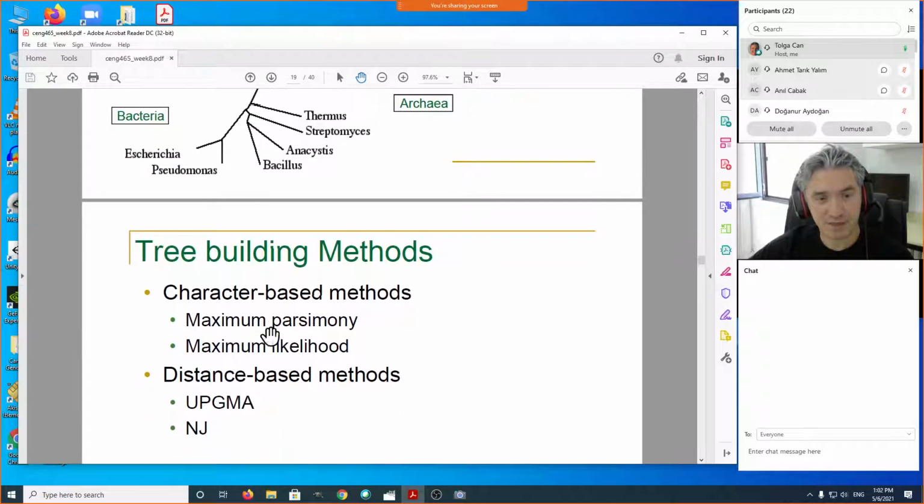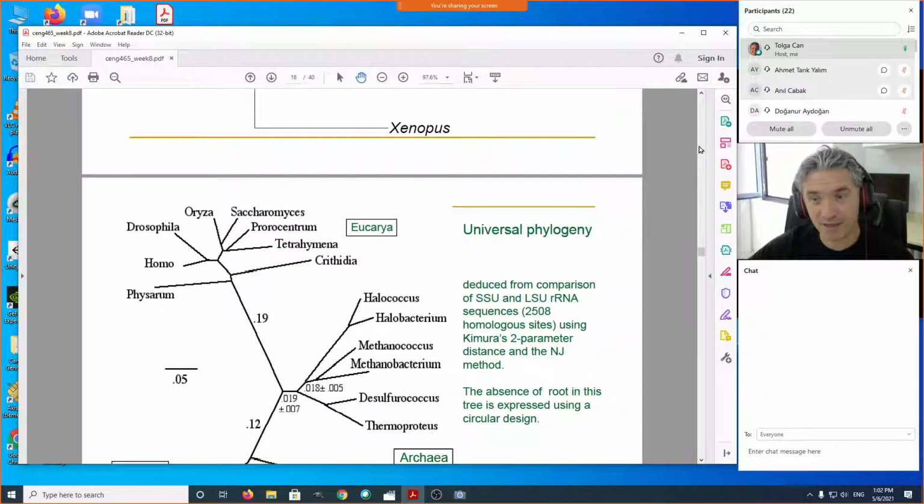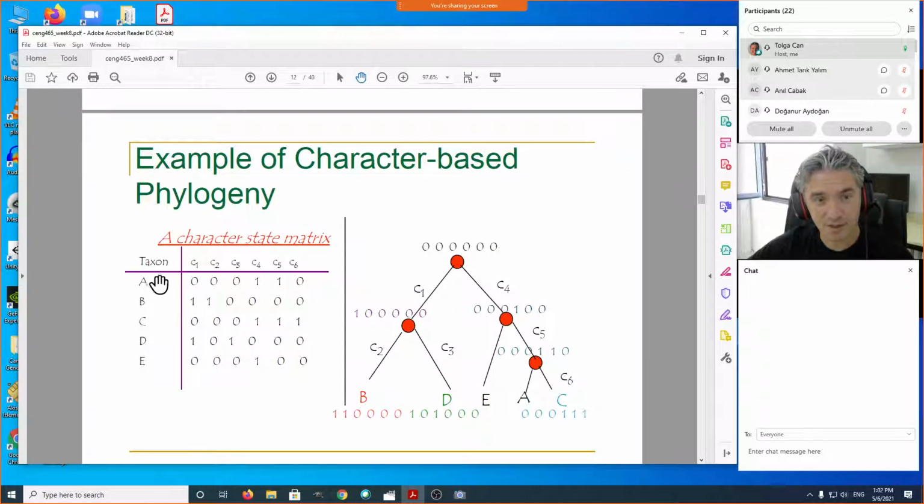Now, this maximum parsimony method or maximum likelihood methods are used for character-based methods in which the input is a character state matrix like this. If you have a bunch of characters or phenotypes or features, you may call them, for each species you have a binary value indicating whether that species has that character or not.